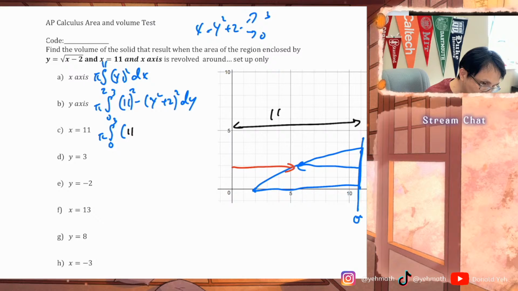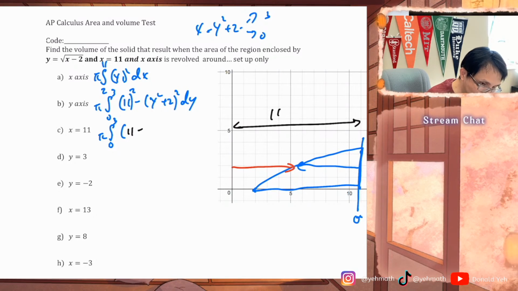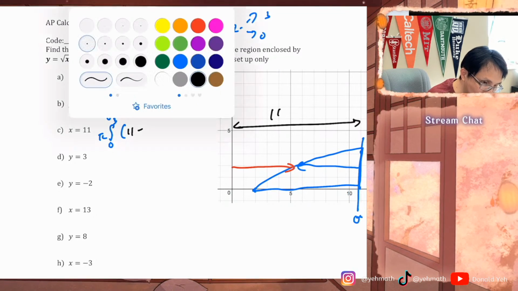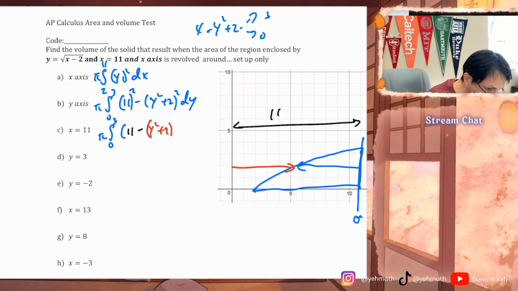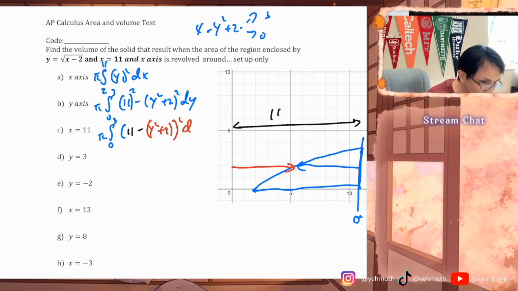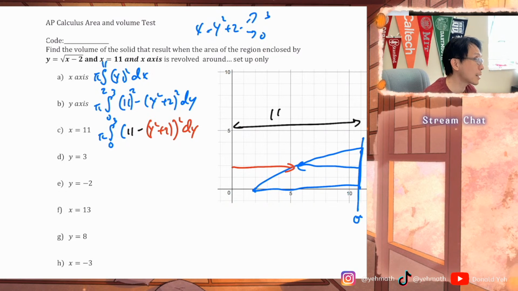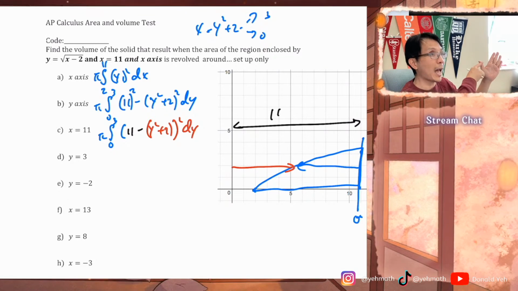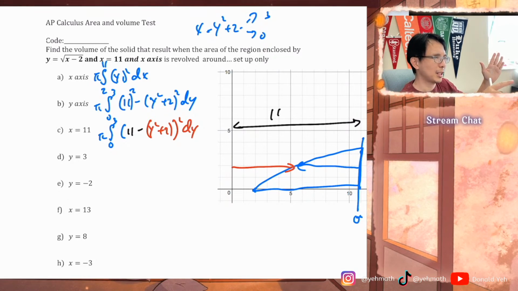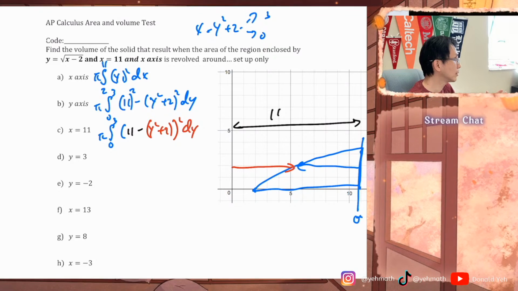So 11 minus the red, and red is the function, y squared plus 2. But you gotta make sure you put a parenthesis because of the sign distribution. If you don't have that parenthesis, it's wrong. That's the thing you have to think about, because the function starts from the axis. Am I confusing you? Is it good?